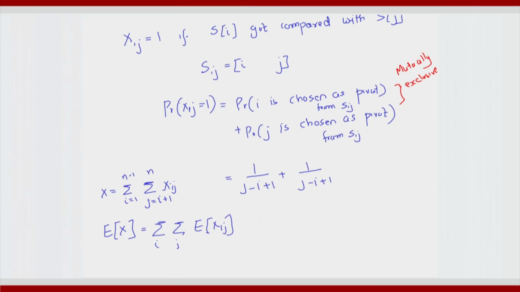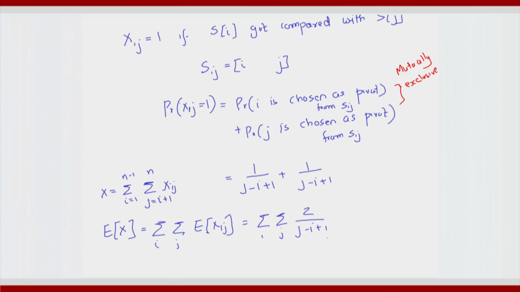Now what is the expected value of xij? Well, it is basically 1 times the probability of xij being 1 plus 0 times the probability of it being 0, which is not of interest. So the expected value will basically be 2 divided by j minus i plus 1.